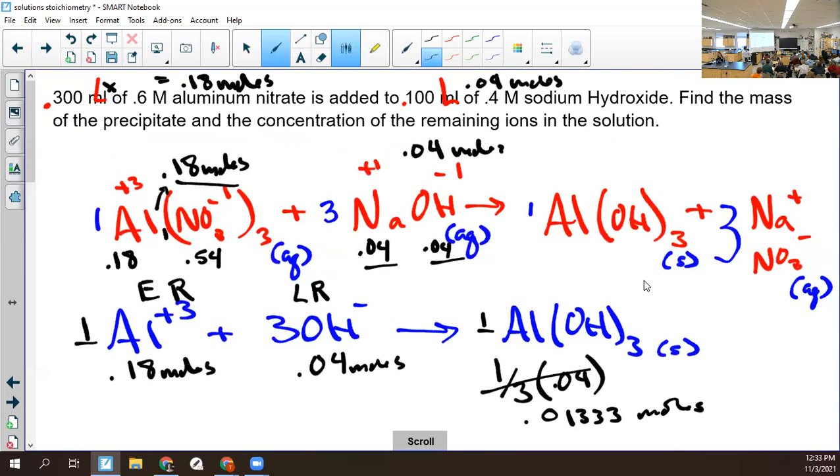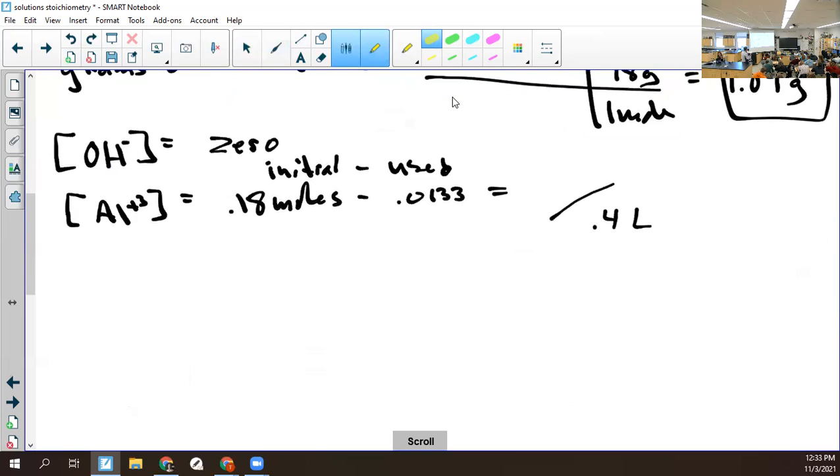Okay, most people don't. Look right here. The two volumes I added were 0.3 and 0.1. So in my beaker now, I have 0.4 liters. That's my denominator. That will be my denominator for all of the molarity calculations.